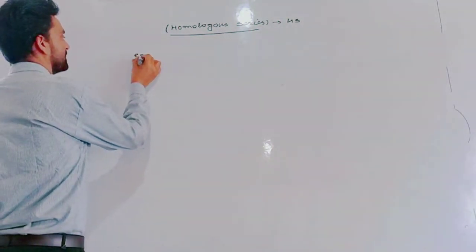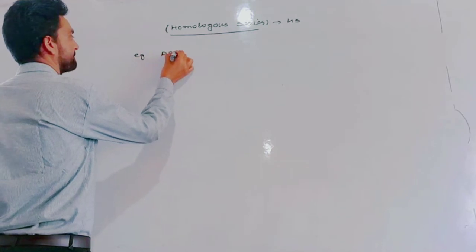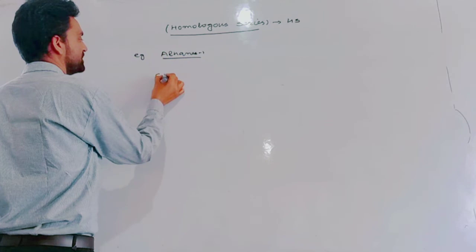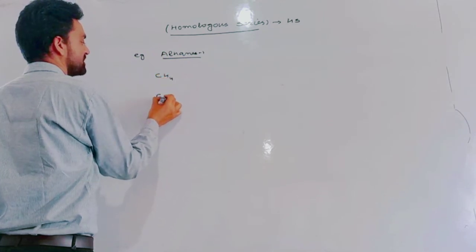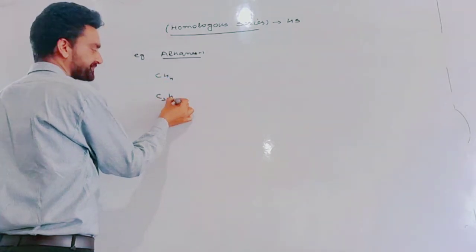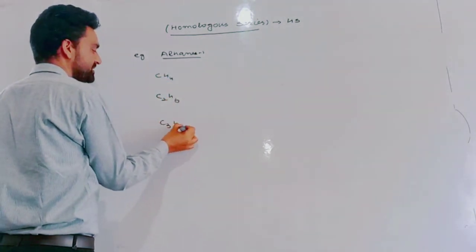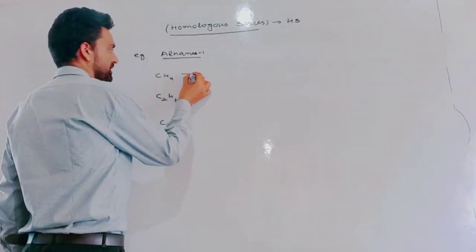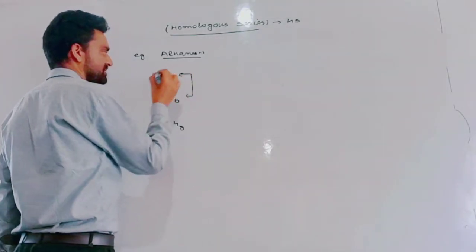For example, in alkanes, what is the first member of alkane family? CH4. Second member, C2H6, C3H8. Clear? See the difference between two consecutive members.